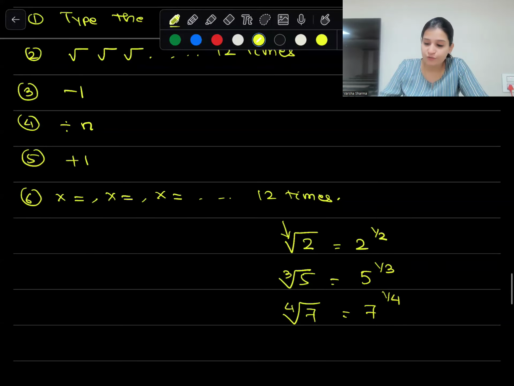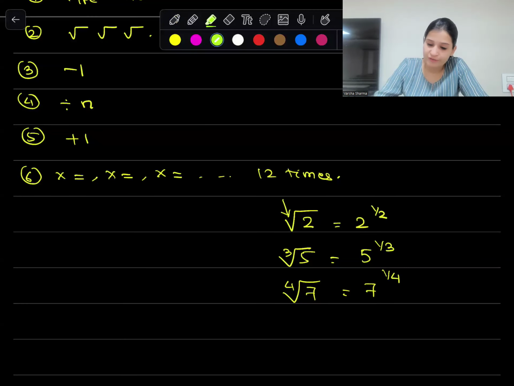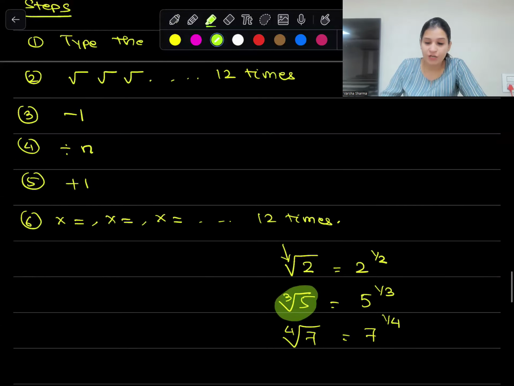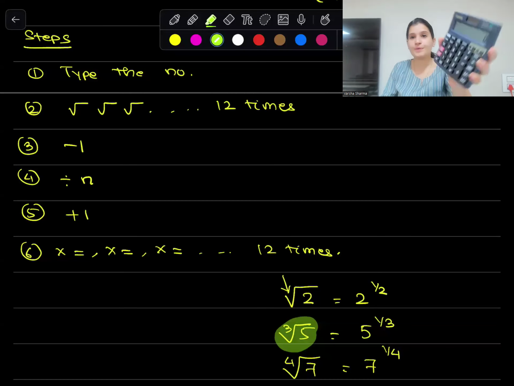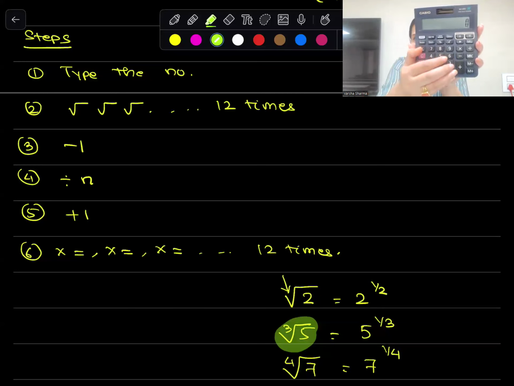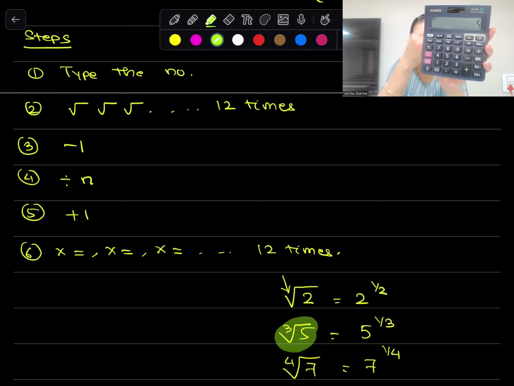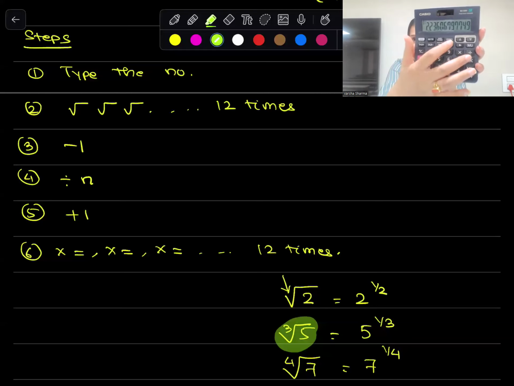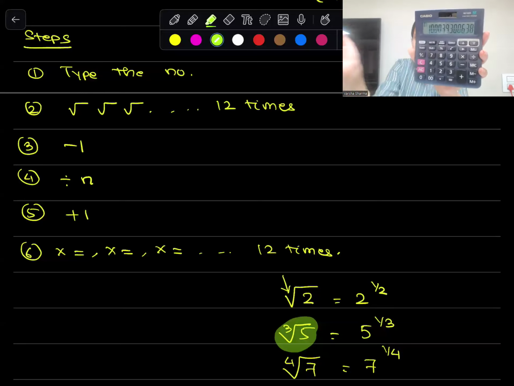So let us try to find cube root 5. Understand first, this is what I want to find. Let's follow the process. My calculator is clean. Pressing 5, type the number. Now the root sign has to be pressed 12 times: 1, 2, 3, 4, 5, 6, 7, 8, 9, 10, 11, 12.